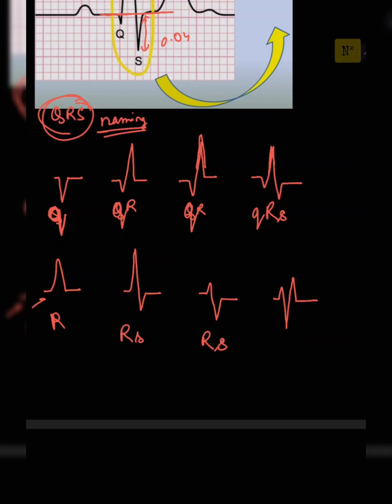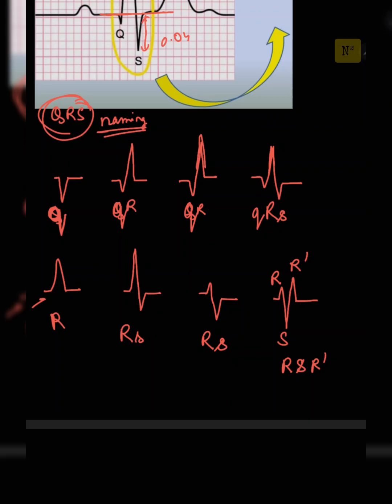If you are getting a complex having two positive waves, I told you the first wave that we encounter, if it's a positive wave, is an R wave. Then immediately after that, if you are getting a negative wave, that's an S wave. Again, if you are getting another curve which is positive, it might be because of some ectopic beats, so you have to name it R prime. Then you should name it an R prime QRS complex.